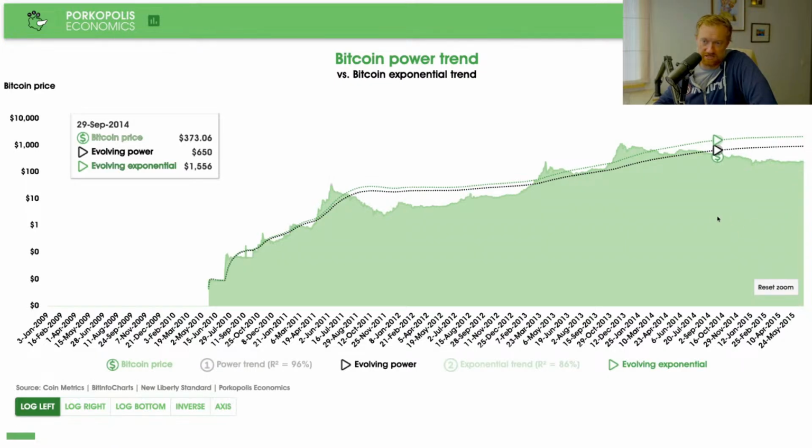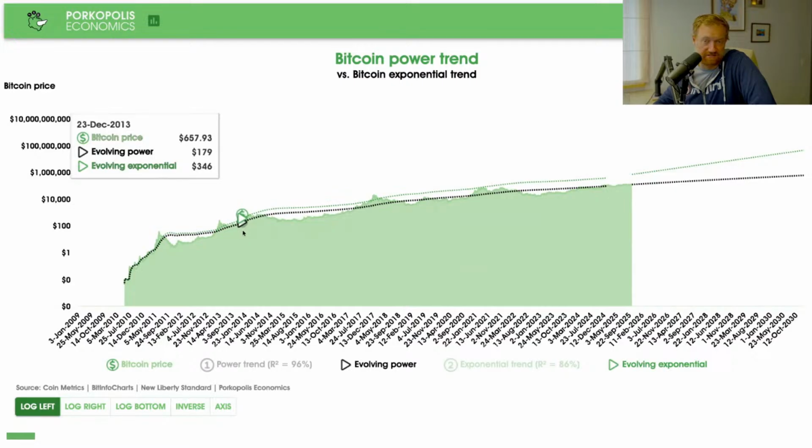All right, I mean, exponential is certainly richer, right? This is still log scale, so in 2012 you'd have a $24 power curve price, $32 exponential price, but they're going to diverge, as you can see, as more and more data comes in.